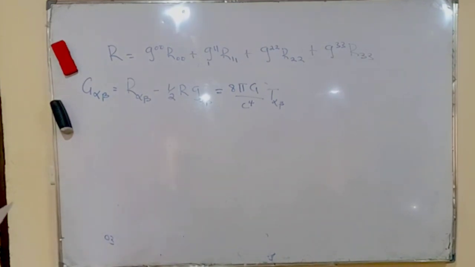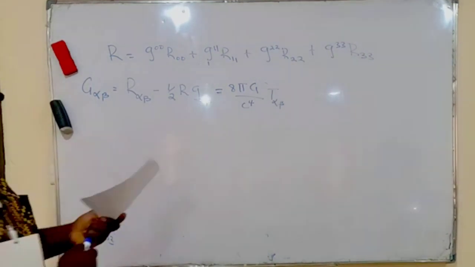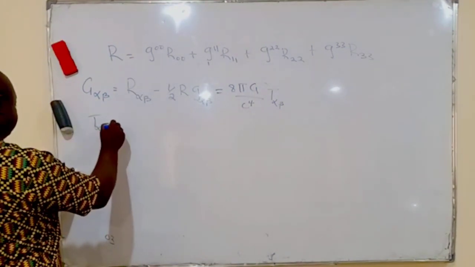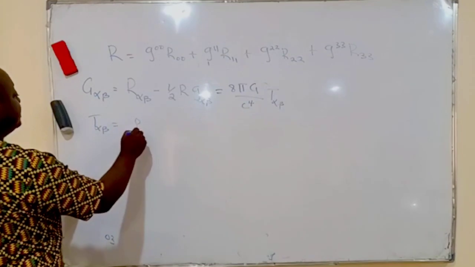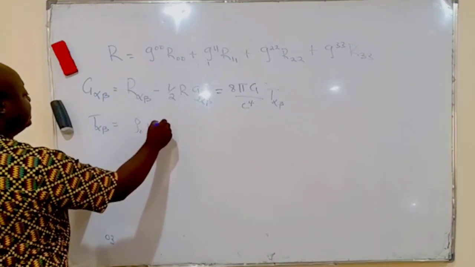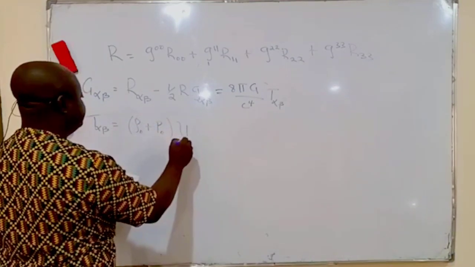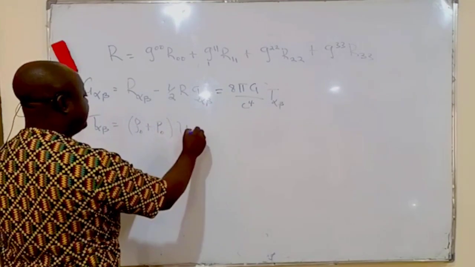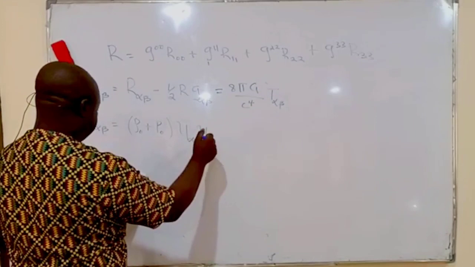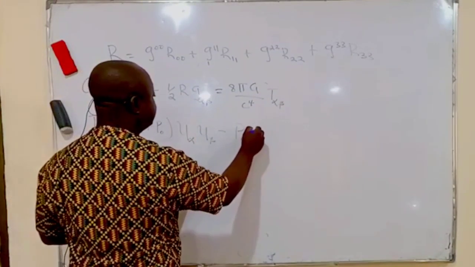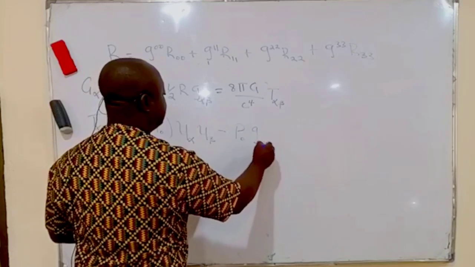So you are able to get T alpha beta for a perfect fluid. We got it as T alpha beta is equal to rho 0 plus P0 U alpha U beta minus P0 G alpha beta.